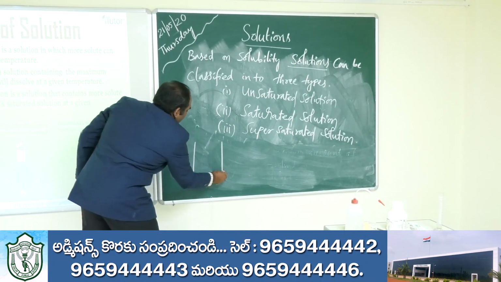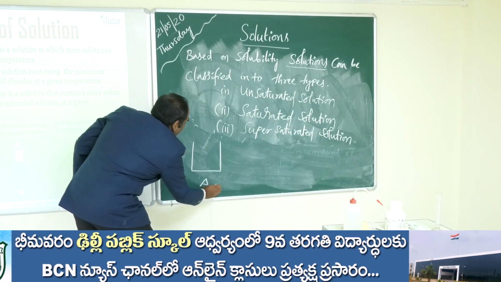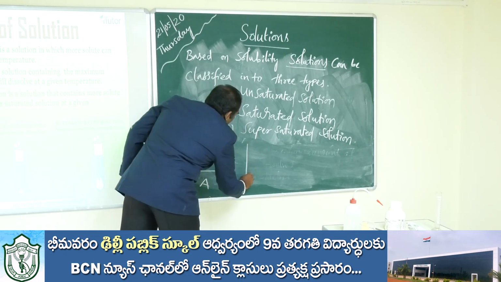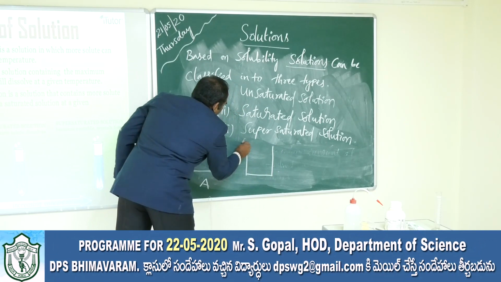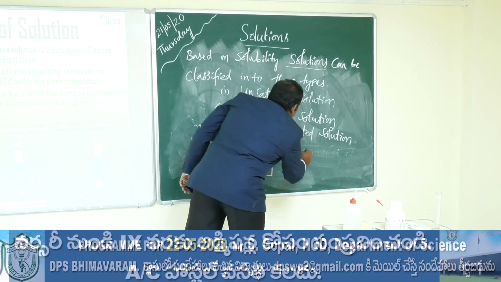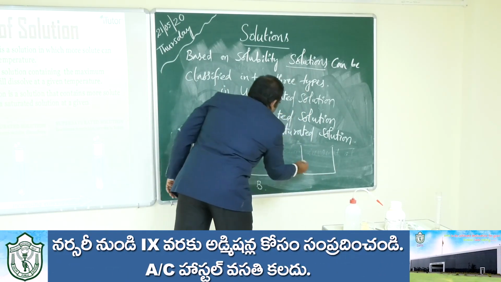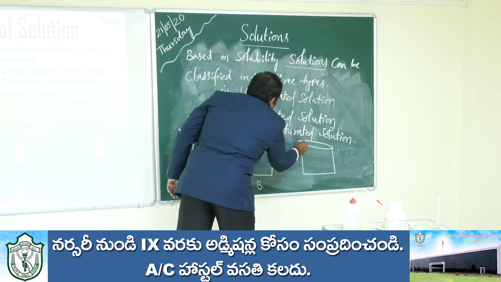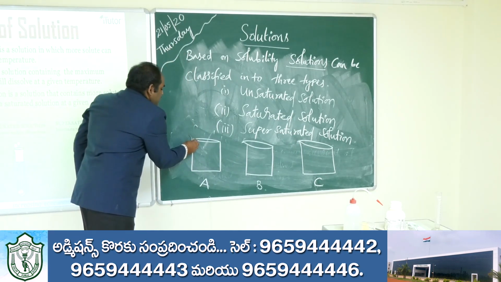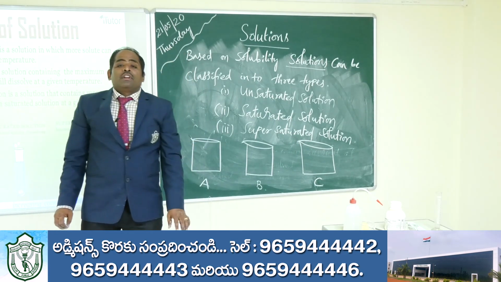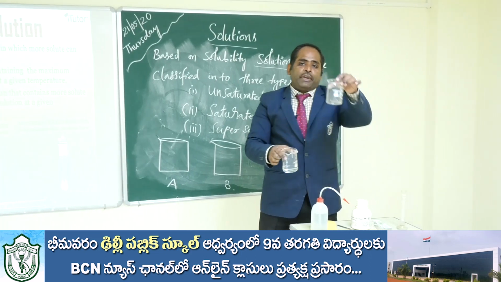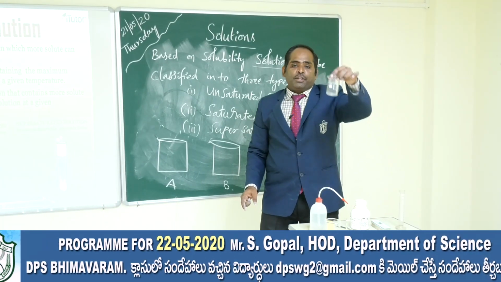I am taking 3 beakers: this is beaker A, this is beaker B, and this is beaker C. In these 3 beakers, this is the first beaker, this is the second beaker and this is the third beaker.